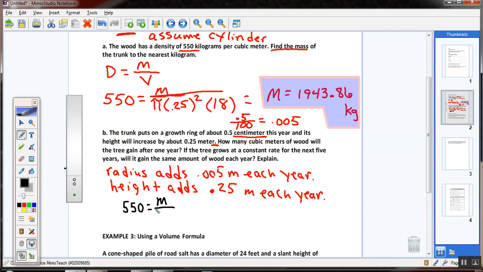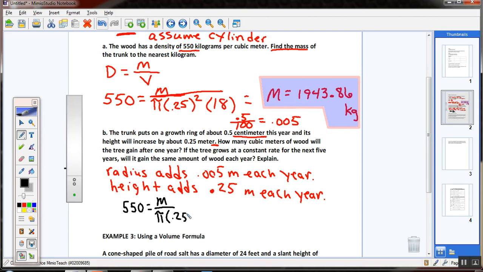The radius originally was 0.25 meters, wasn't it? But how much am I adding now to it? So what's 0.25 plus the 0.005 meters of growth in the radius? Anybody? Should be easy. 0.255.